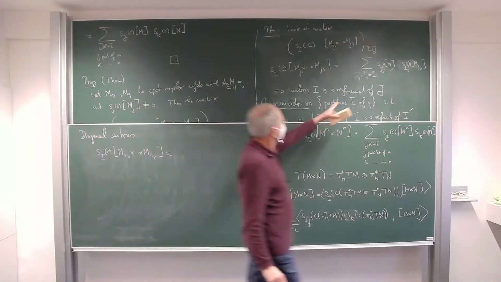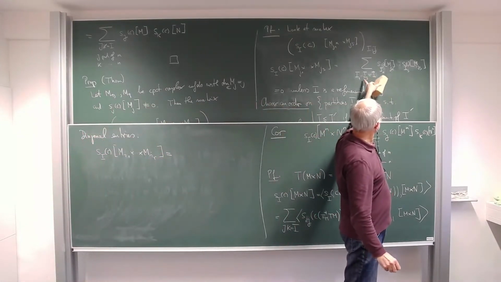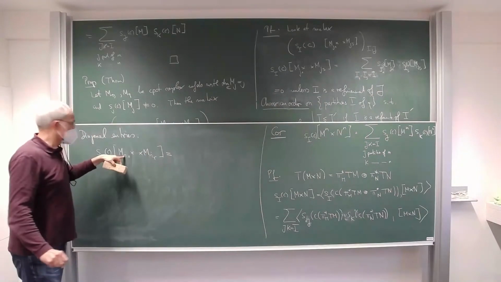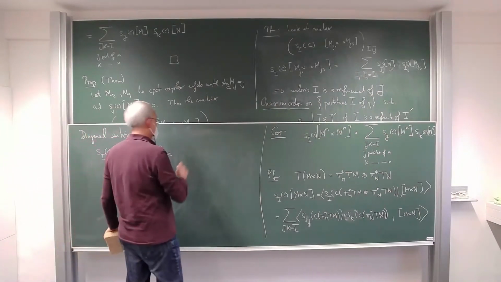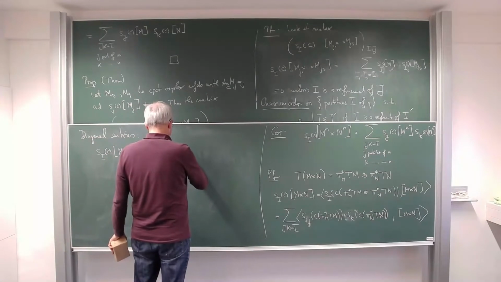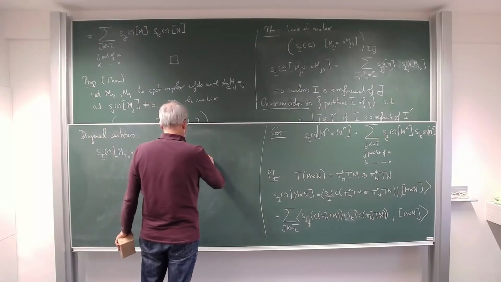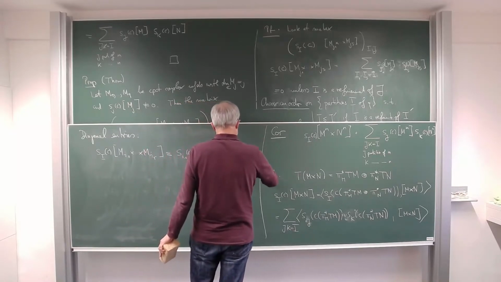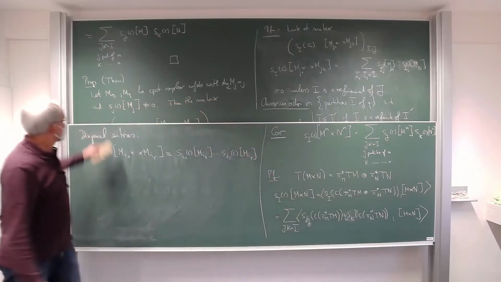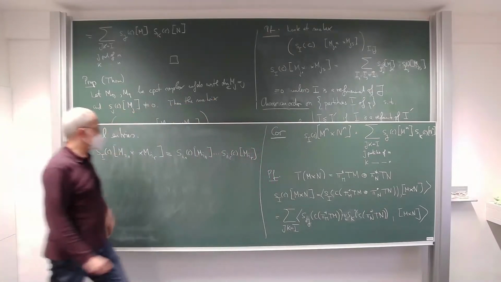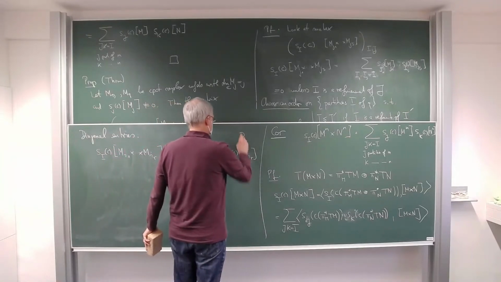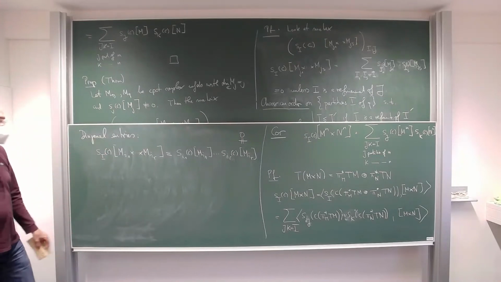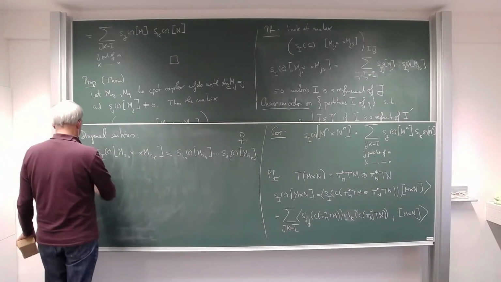And again, you see by this formula, there's only one possibility where the thing contributes, namely if you just apply the I1 to that factor and so on. So from this formula, what we see is that it gives us S_I1 applied to M_I1 times and so on, S_IR applied to M_IR. And now we have this assumption that these numbers are all non-zero. These numbers that occur here, and so the product is non-zero. So the diagonal entries of this matrix are non-zero, and this shows the matrix is non-singular.